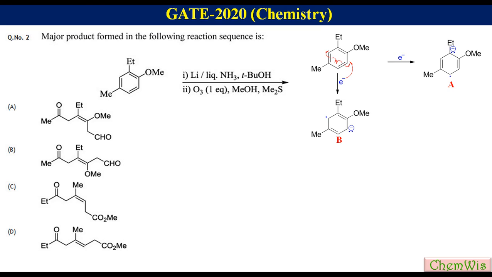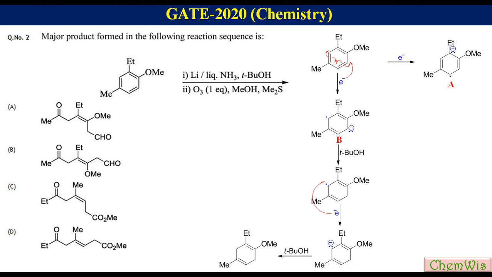Species B, after taking a proton from the t-butanol, will produce this radical, which after taking another electron produces this anion. Now this anion takes a proton from the t-butanol to produce this diene. Let's label the two alkenes in the diene as 1 and 2. The second step is ozonolysis with one equivalent of ozone.